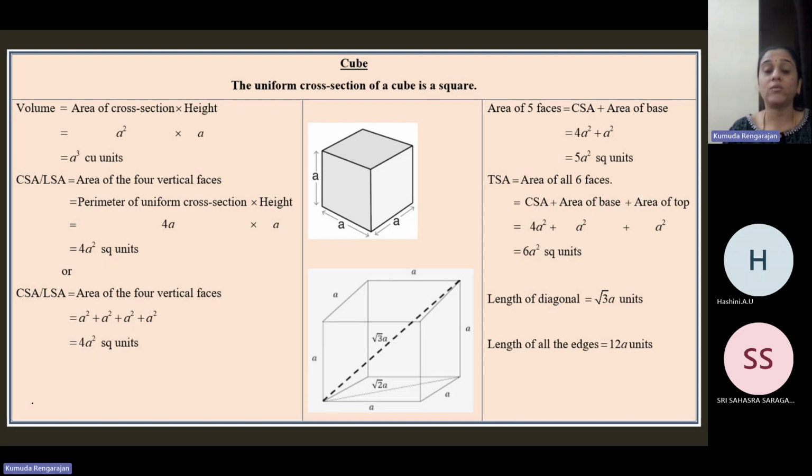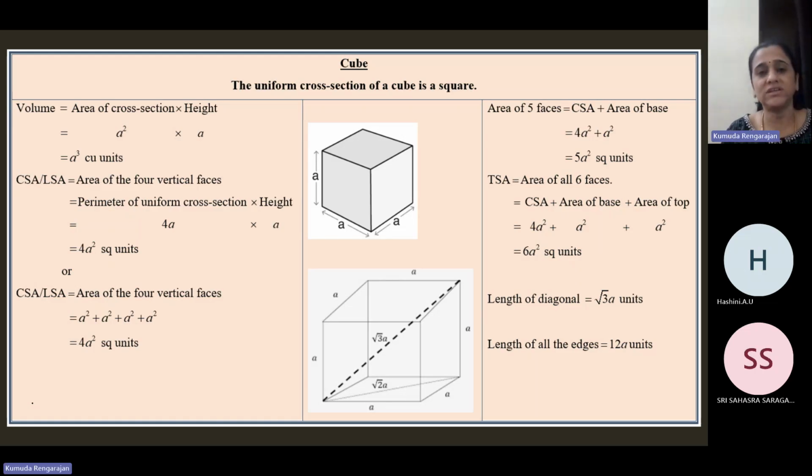Now, when you include the area of the ceiling and the area of the floor, the lateral surface area of a cubical room is the area of the four walls. The total surface area of a cubical room is the area of the four walls plus the area of the ceiling plus the area of the floor.